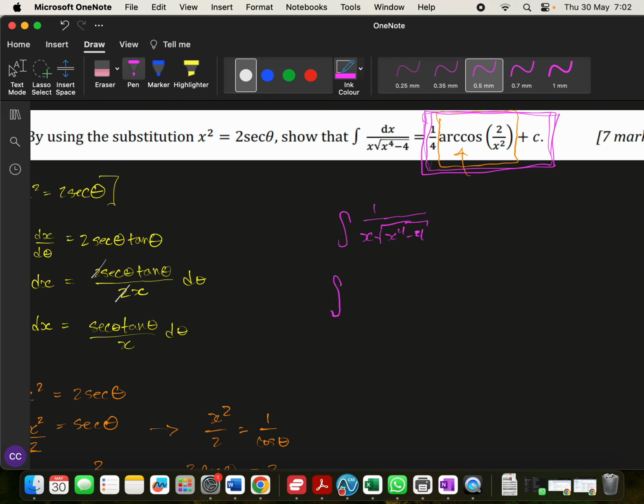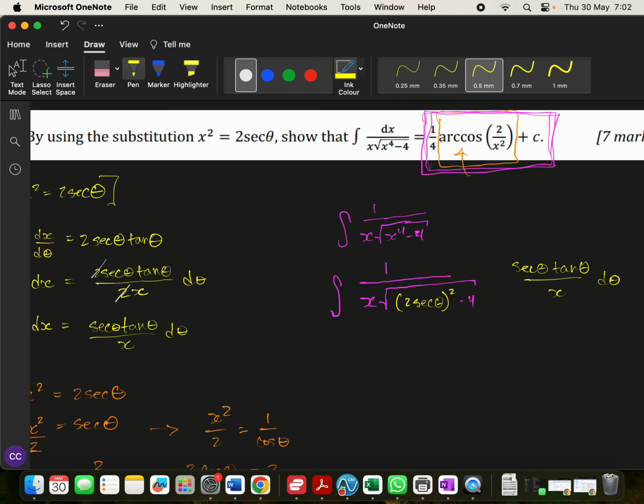So I've got the integral of 1 over x square root of, I'm going to do this in my yellow, that is 2 secant theta squared, and then minus 4. And all of that is being multiplied by secant theta tangent theta all over x d theta.